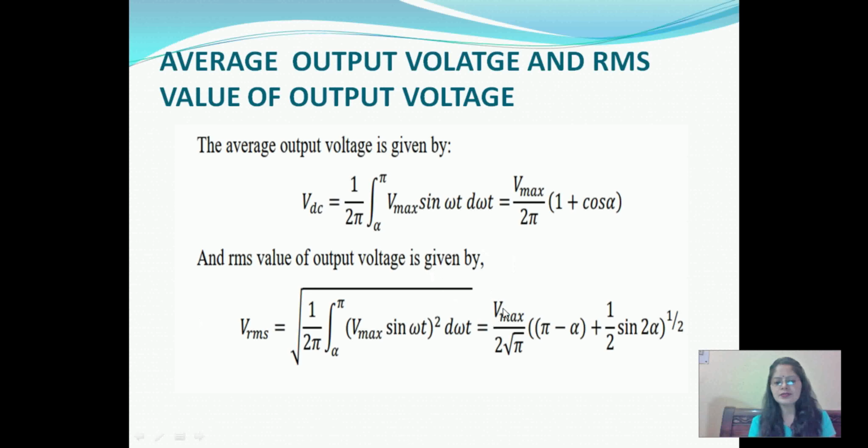After solving this, we get Vmax upon 2 root pi times the square root of (pi minus alpha plus 1 upon 2 sin 2 alpha). This value is known as the RMS value of the output voltage. These two formulas are important for calculating numericals. This is the average output voltage, and this is the VRMS, the root mean square voltage. Thank you.